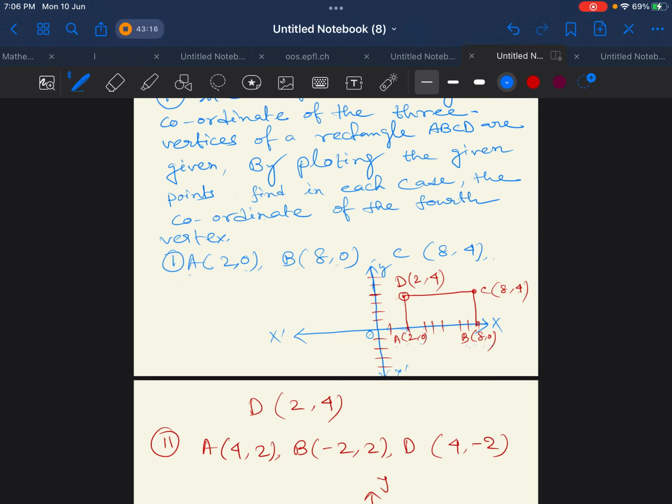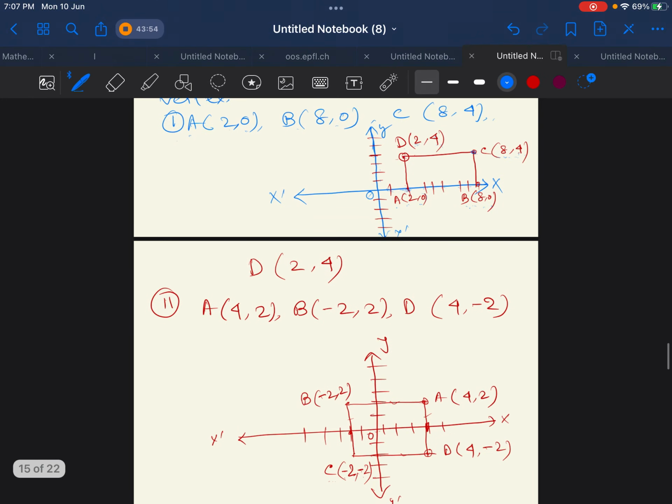Here the value of x is 8 and the value of y is 4. So this point is C. So what will be the vertex D? Here the abscissa is 2 and the ordinate is 4. So the coordinate of the fourth vertex D is 2, 4.